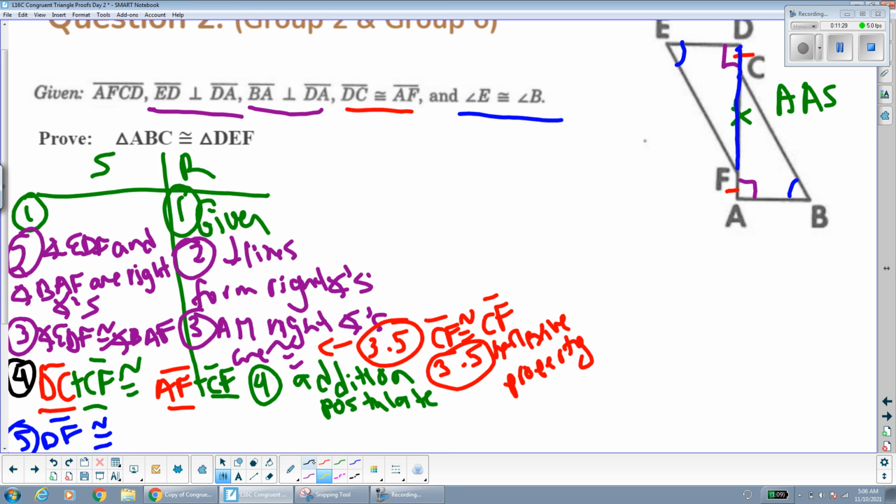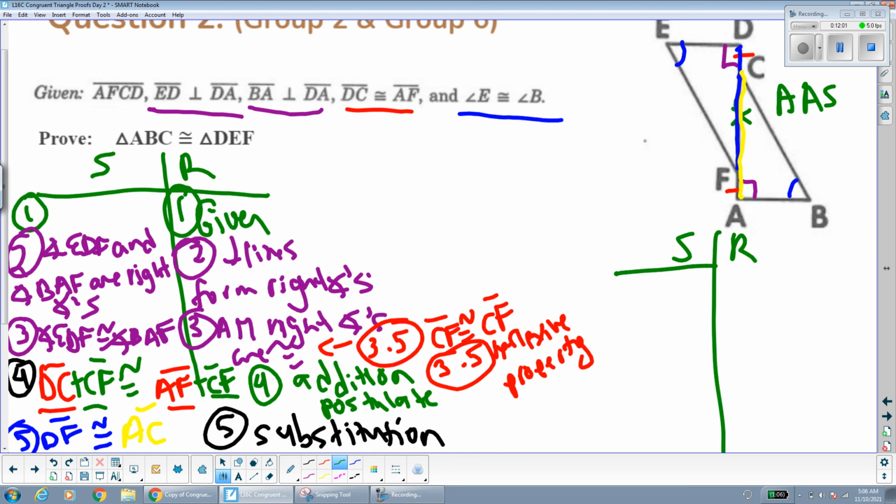And if I start with AF and I add on CF, I get the whole side of that triangle AC, which was the goal of the addition. This step is by substitution. Remember that always follows either addition or subtraction. And all we did from step 4 to 5 is replace the addition with what it was and replace this addition with what it was. So that's why it's substitution as well.